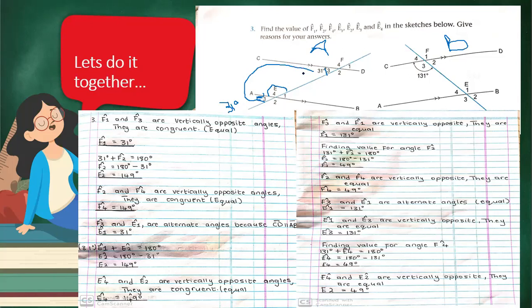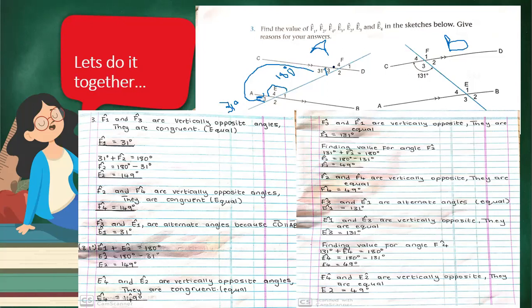So when we add angle F3, 31 degrees, and angle E4 together, they must give us 180 degrees. So we must do the equation first before we can find the value for E4.